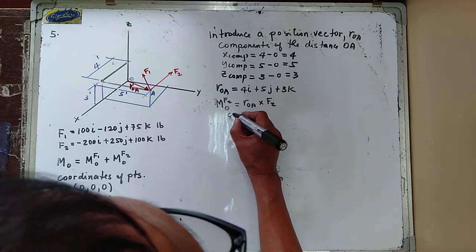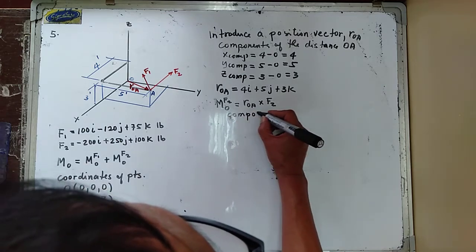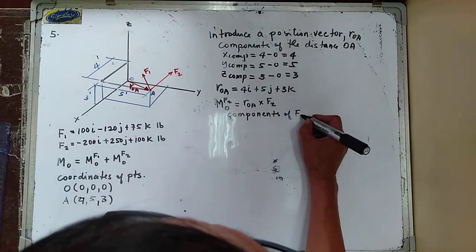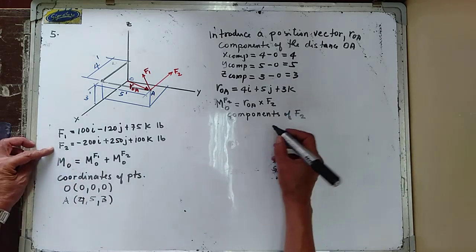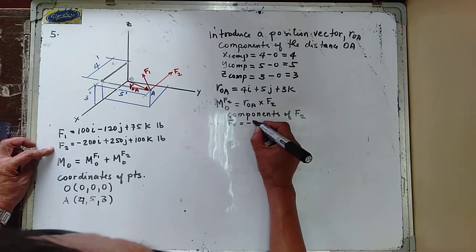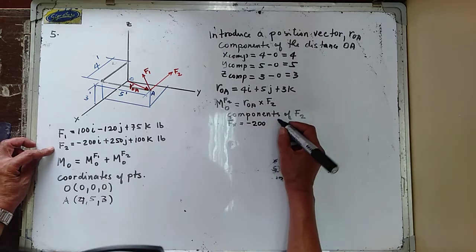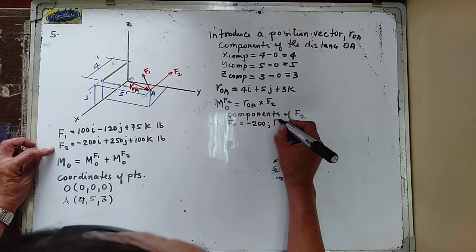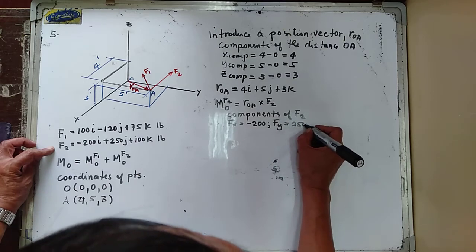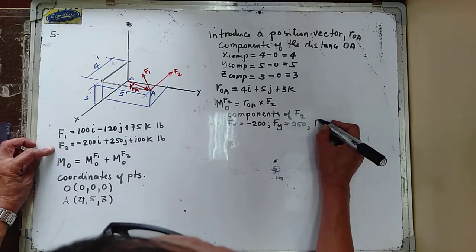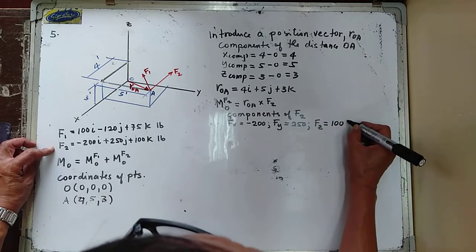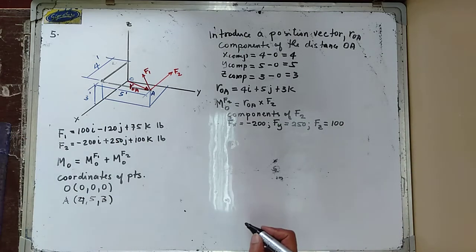So we have the components of F2. Your Fx is negative 200 pounds, your Fy is equal to positive 250 pounds, and your Fz is equal to 100 pounds.